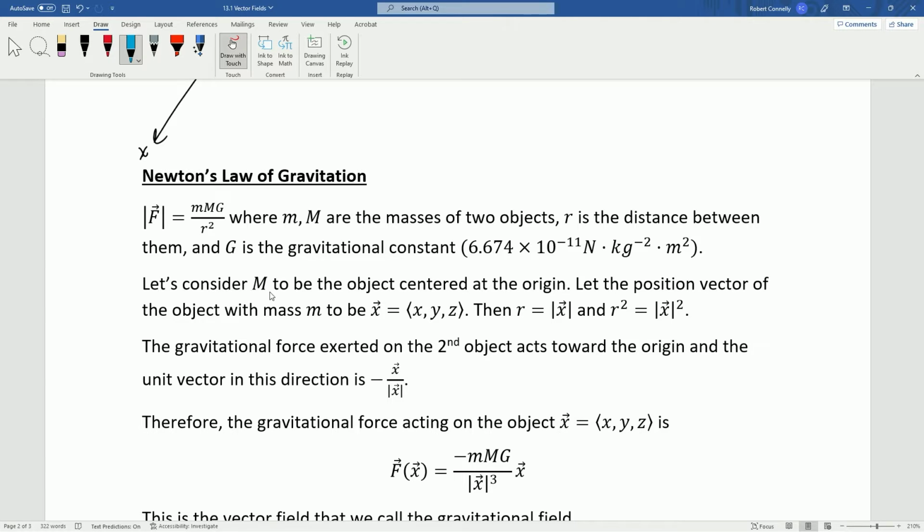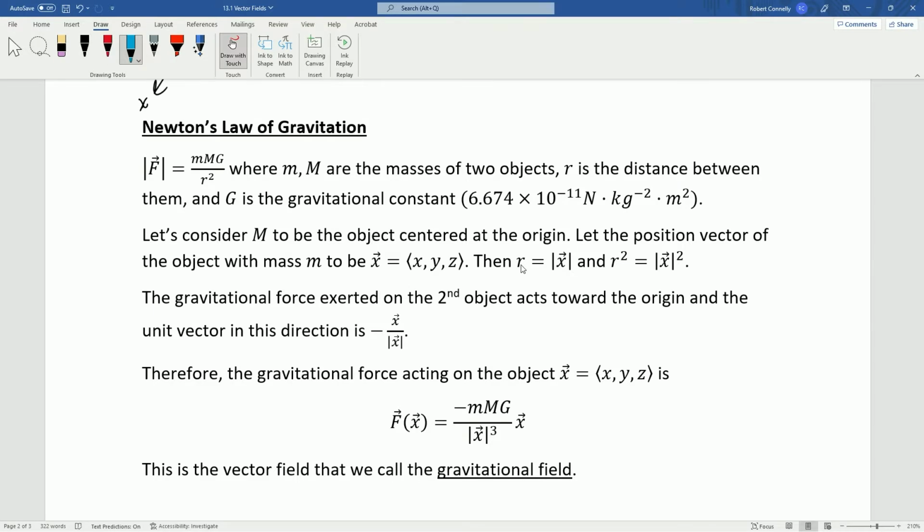So let's consider the object of mass capital M to be centered at the origin. Let the position vector of the object with mass little m be x bar equals xyz. Then the radius, r, the distance between them, we can think of like a radius coming out from the origin.